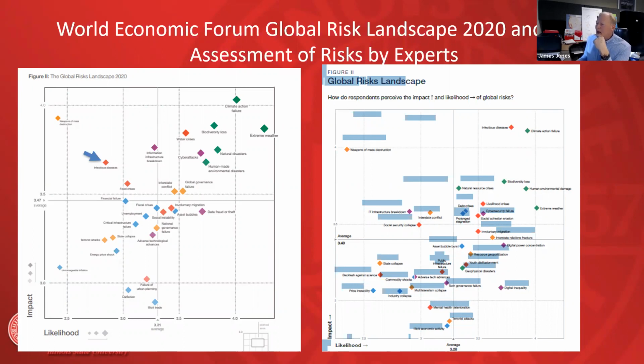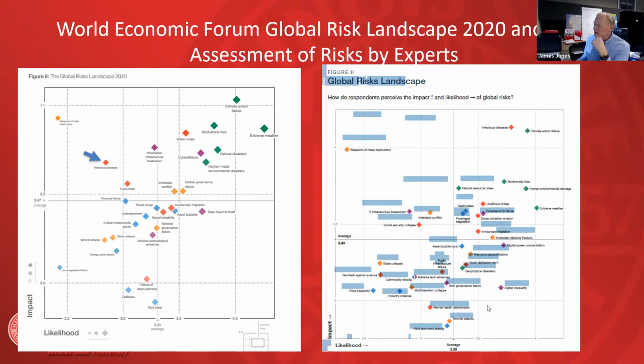And in 2020, just 1 year ago, they placed infectious disease over here. The way this matrix works is you have the severity or the impact on this axis, and on this one, the likelihood. So they put it fairly high into this quadrant of having a big impact, but not very likely.